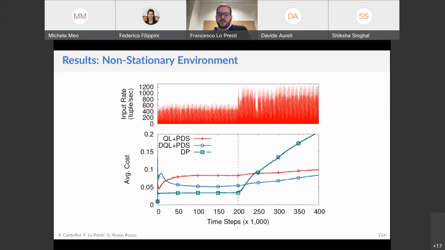And what's interesting here is that dynamic programming approaches like value iteration are not able to adapt to this kind of change. So you see the cost associated with dynamic programming significantly grows when the workload changes. Conversely, reinforcement learning algorithms are able to adapt to changes and learn a new policy. So they are not significantly impacted by this change.